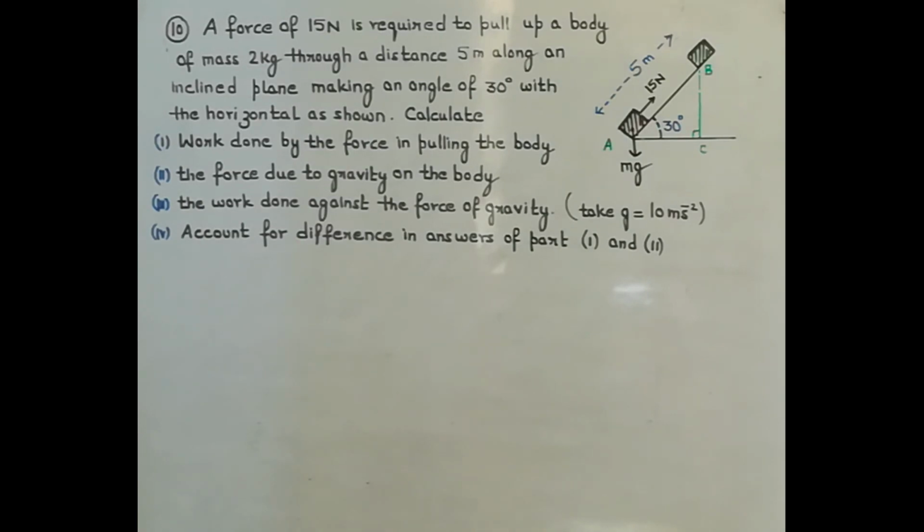So the body is moving in the direction AB, and the force applied on the body to move it from A to B is also in the direction of the displacement.